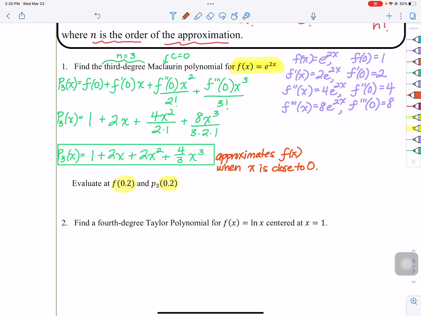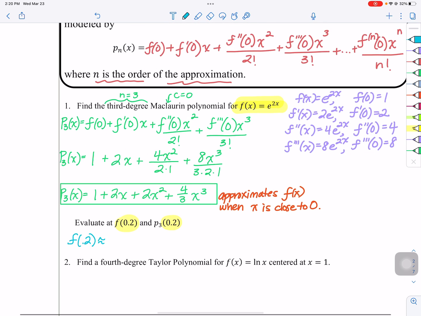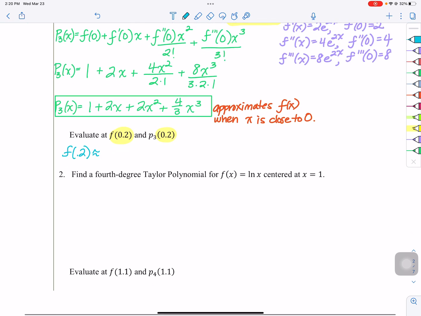So let's take a look at this. What we want to say is that f of 0.2 is approximately equal to the third degree Taylor polynomial evaluated at 0.2.